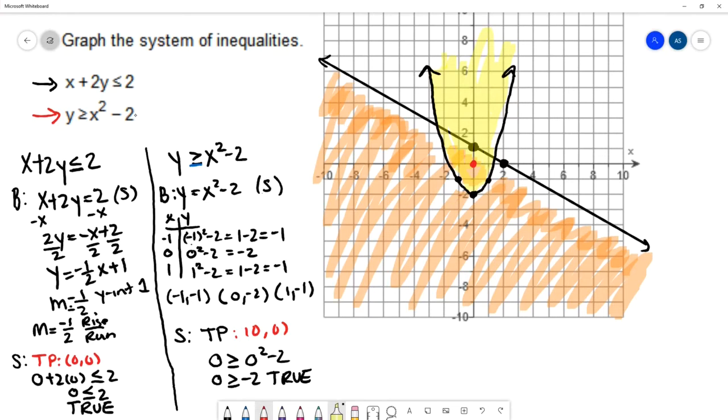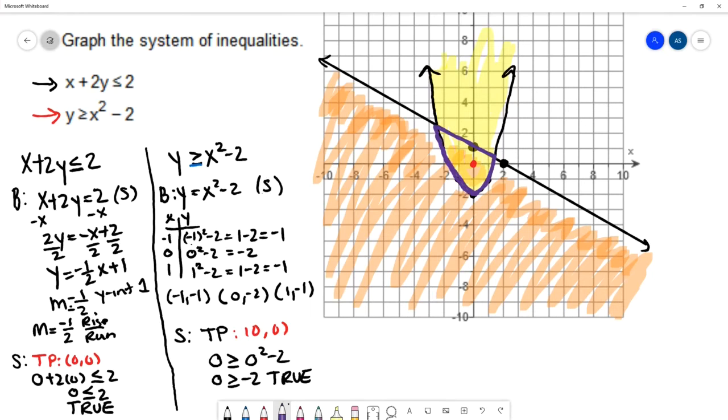So the ones that are in common are going to be the ones that are shaded in both yellow and orange. So that's the ones inside this region right here. And I'm also going to include those solid boundary lines as well.